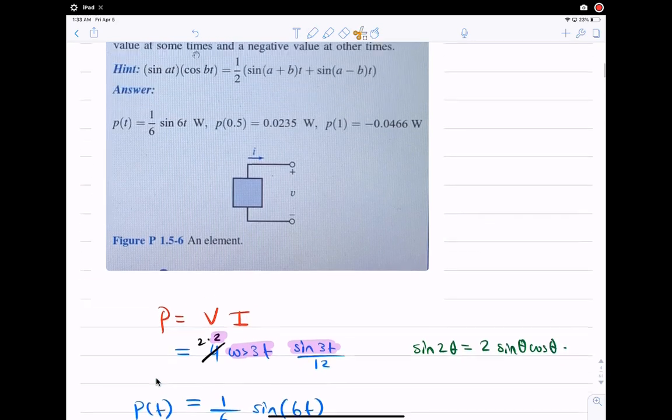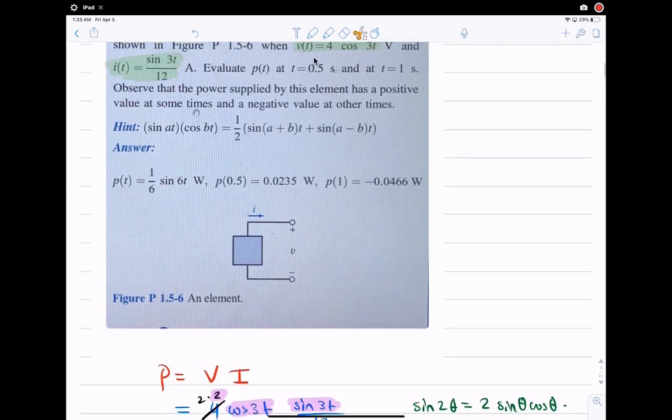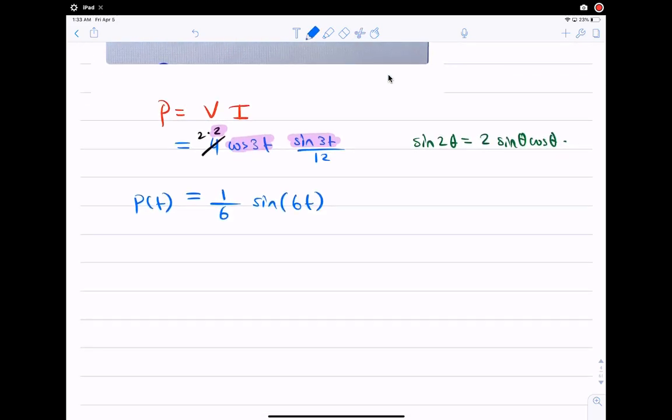Now he asked me to find the power at t equals 0.5 and t equal 1. This is so straightforward. Just at t equal 0.5, plug in 0.5 for t. So P of 0.5 equal 1 over 6 sine 6 times 0.5. Now I want you to pay attention when you enter this equation in the calculator.